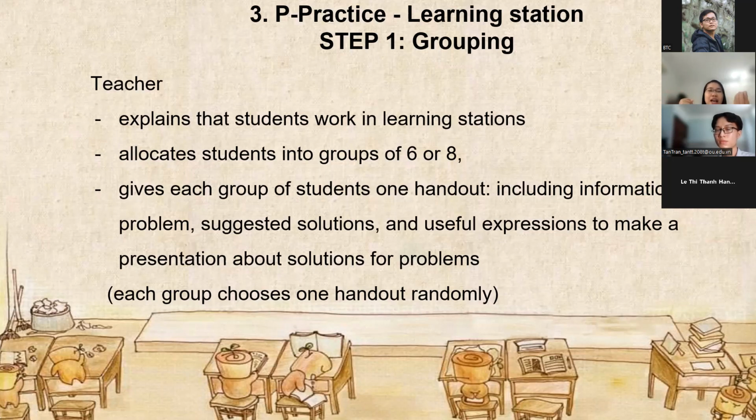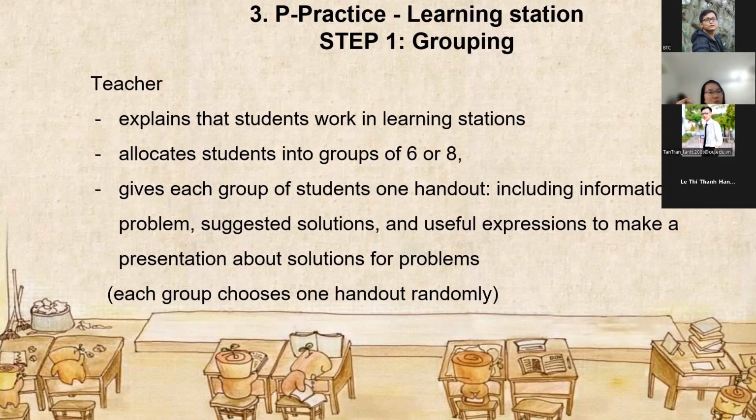Okay, and then the teacher will explain that students work in learning stations. So you need to assign students into groups of 6 or 8. The number depends on the number of students in your classroom. Normally, I have 40 to 45 students, so I assign them into 6 or 8 groups. Then you give each group of students one handout. That handout includes information about the problem, the environmental problem.